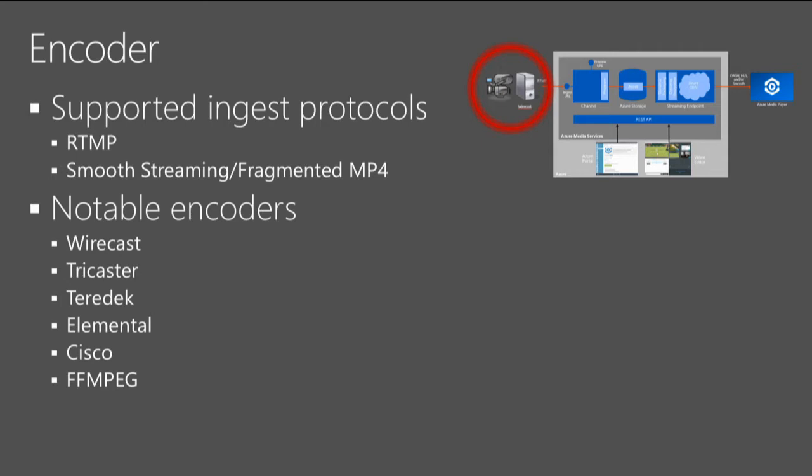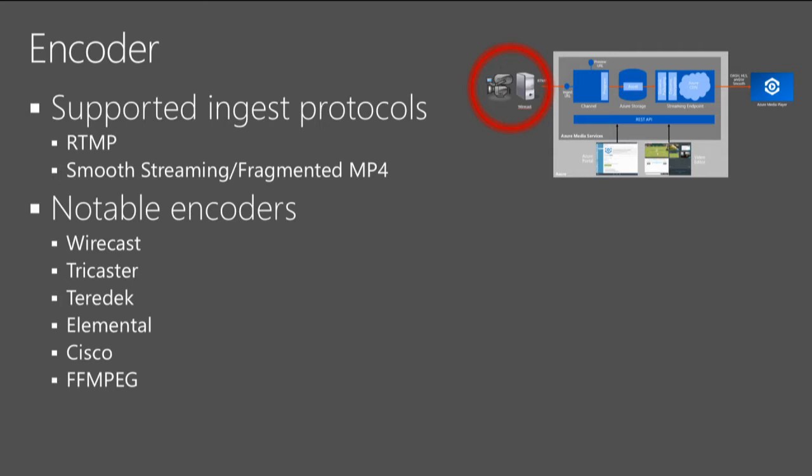Pretty much every encoder you will find out there will have RTMP output. I would say about 95% of our customers are using RTMP. But we also support smooth streaming, or fragmented MP4. You'll have some encoders out there that will do that, so that's an option for you as well.